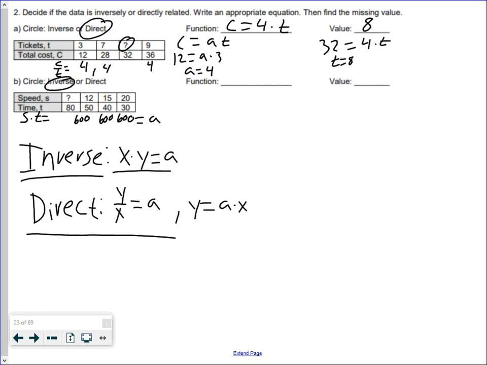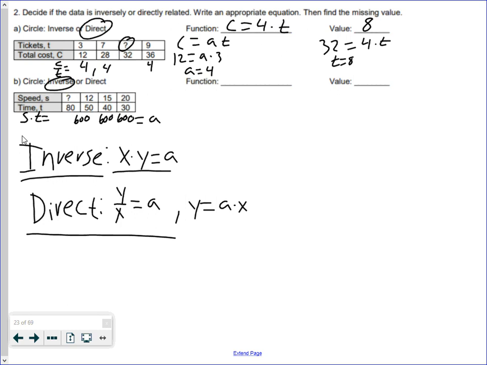And we can see if we try to divide them instead, do t over s, 50 divided by 12 is not going to be the same thing as 30 over 20. So they're not directly related, because anytime you divide the variables, you're not going to get the same thing. But when we multiply them together for 2b, we're getting the same a term of 600.